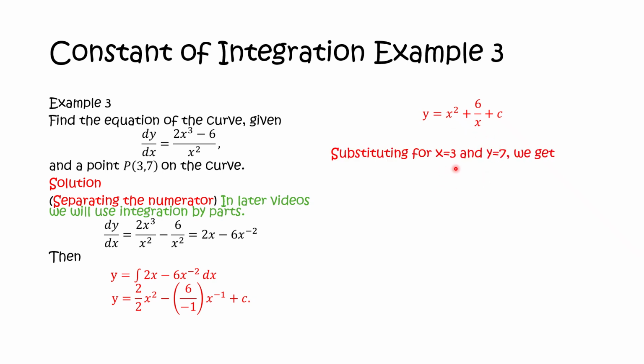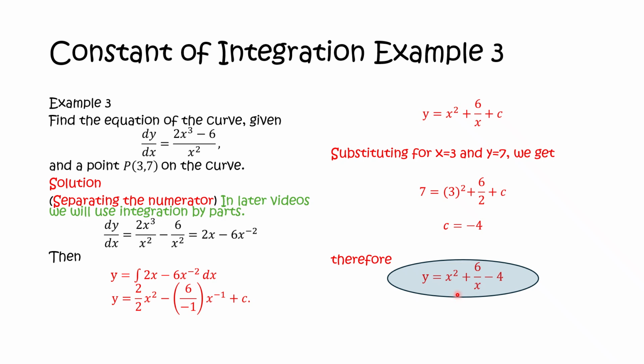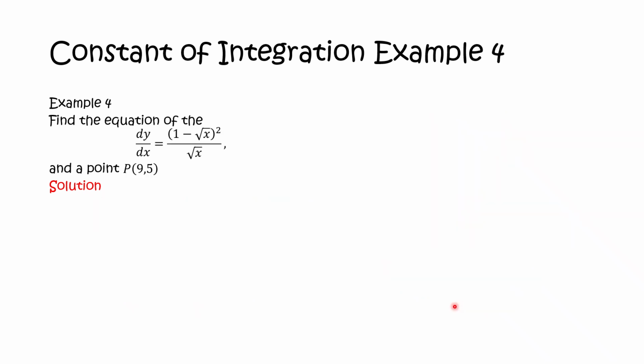And substituting for the x and the y coordinates, which were 3 and 7, we get our c value to be minus 4. So we substitute for that c value so that we get our y to be x squared plus 6 over x minus 4. Right, as simple as that. Let's dive into example 4.